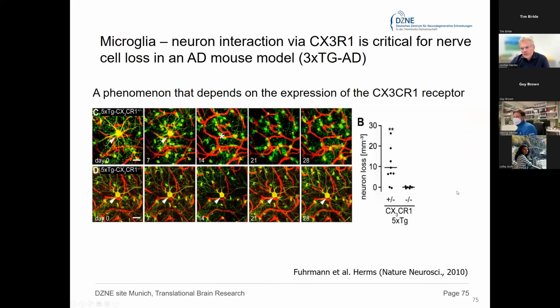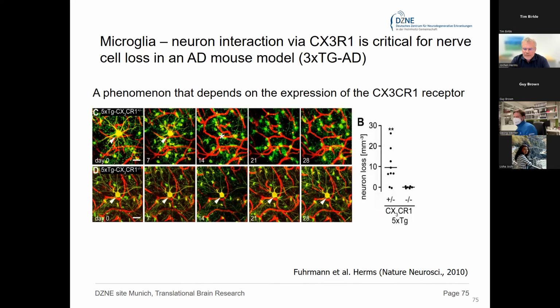And as you can see here, the quantification reveals there's no nerve cell loss taking place in this AD mouse model if the CX3CR1 receptor is lacking. So somehow the communication between microglia and neurons is relevant for the nerve cell loss in this mouse model. So this was the first indication that microglia play a role in nerve cell loss in an AD mouse model.